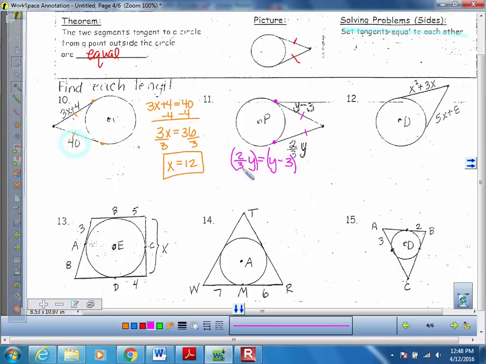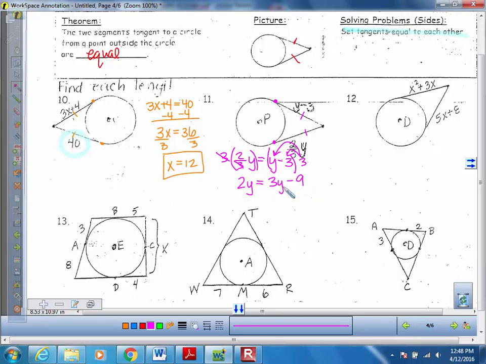So if you multiply by what's in the denominator, which is 3, that cancels out these 3's, and that leaves me with 2y equals, what am I going to have to do with this 3? Since it's being multiplied, I have to multiply it by every single thing. I have to distribute. So I'm multiplying 3 times y and 3 times 3. So that's going to give me 3y minus 9.